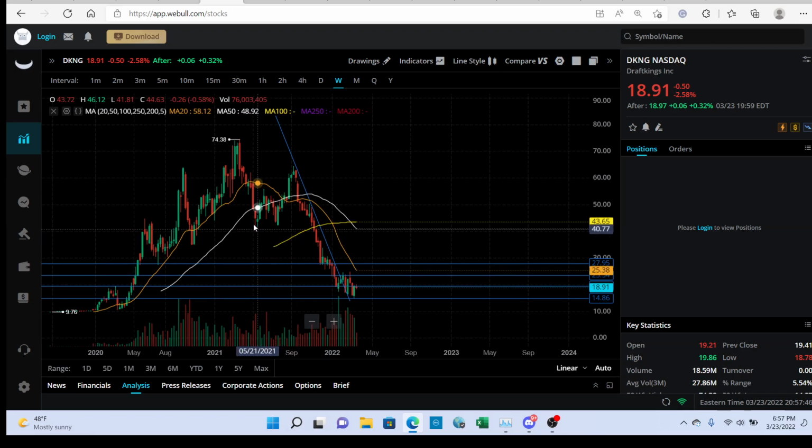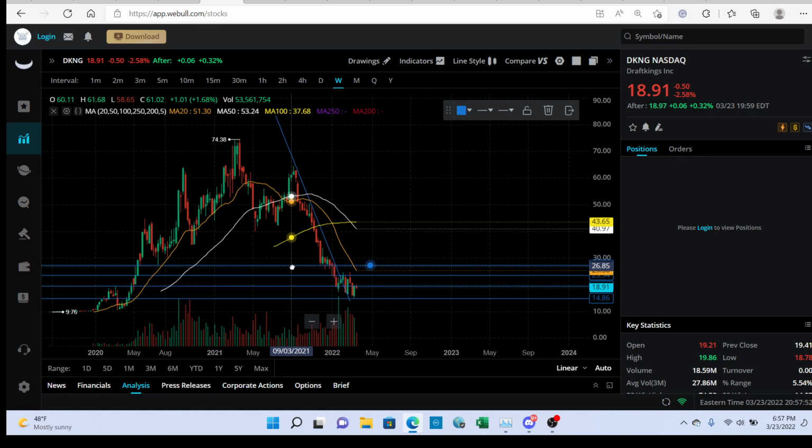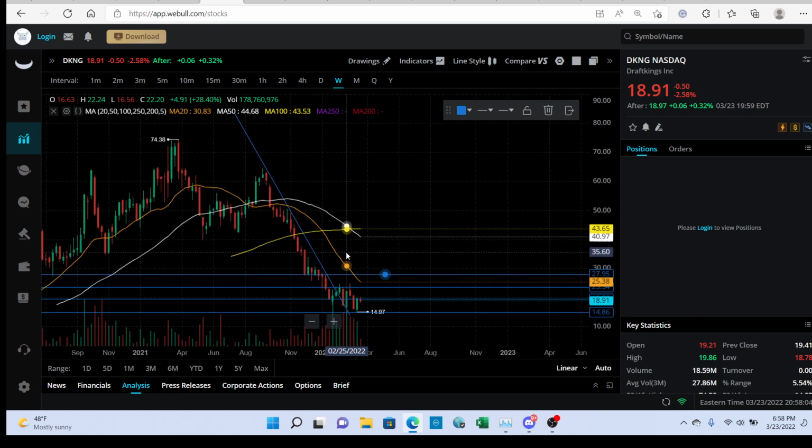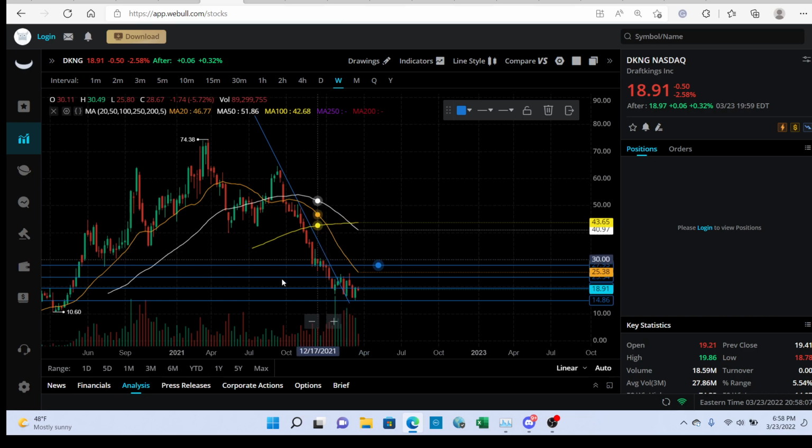Now, DraftKings has faded quite a bit, but if we do ever get past this point right here, if we do get above 28.12, I do think we could see some pretty strong upside.